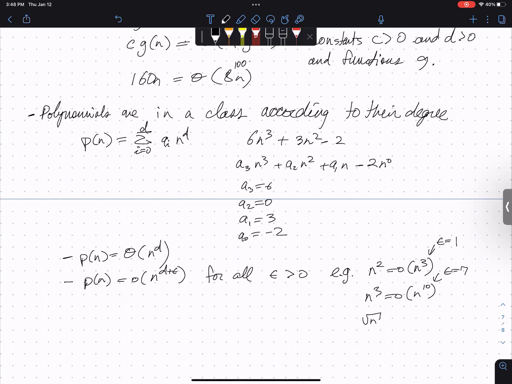Root n, this is a polynomial too, right? It's not a polynomial, we can't write it in this form because the exponent is not an integer, but it's still some power of n. So square root of n, remember this is n to the power of 1/2. This is big O of, for example, n. Oh, sorry, little o of n.